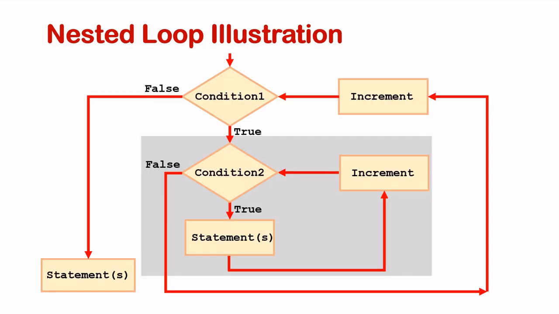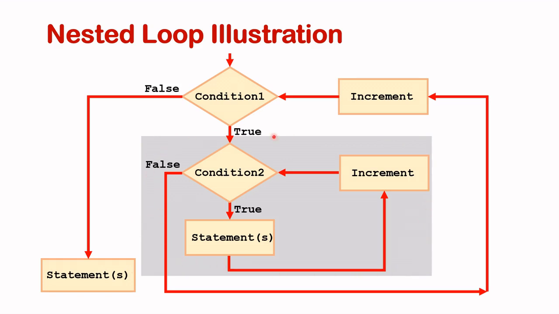So let's take a look at the flowchart for a nested loop. If you recognize this part here, this is the for construct, as we have done in an earlier part of the video.